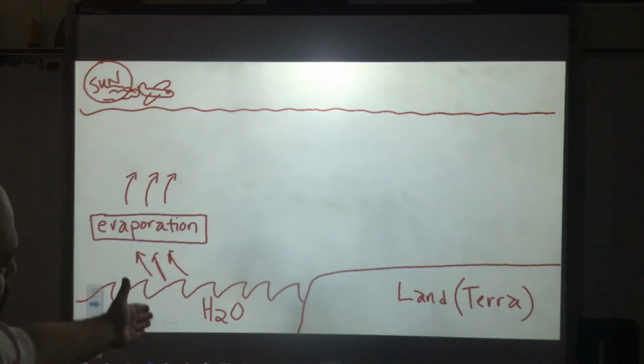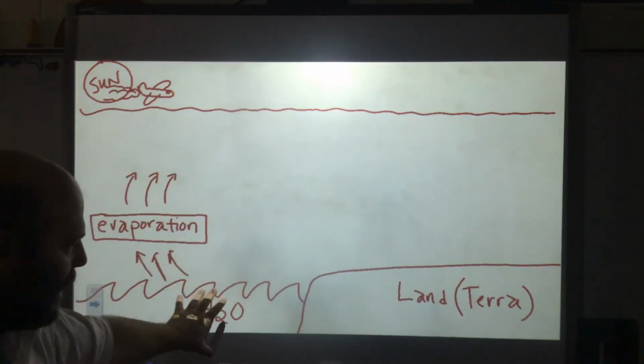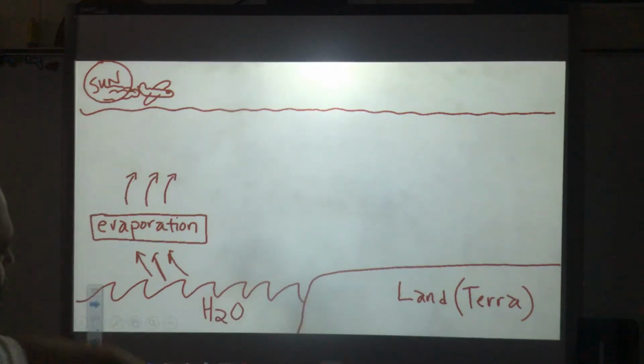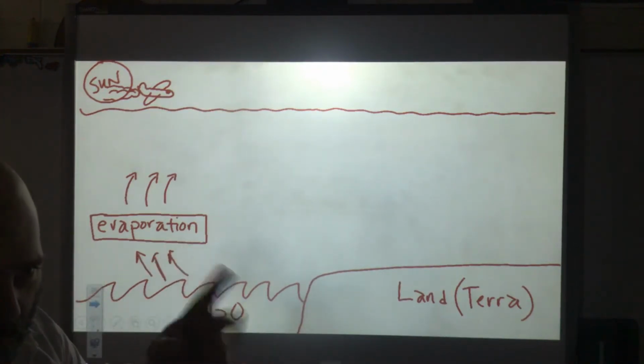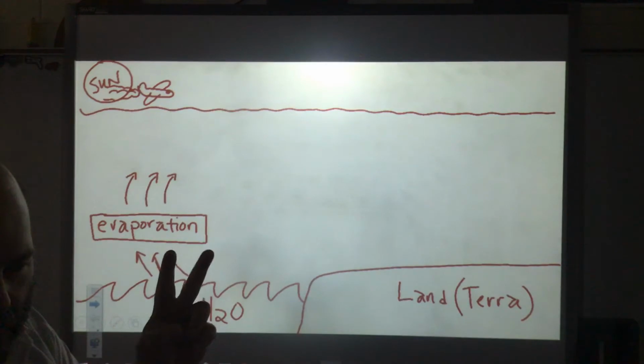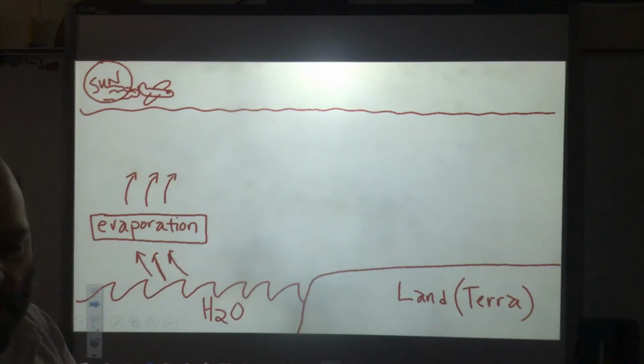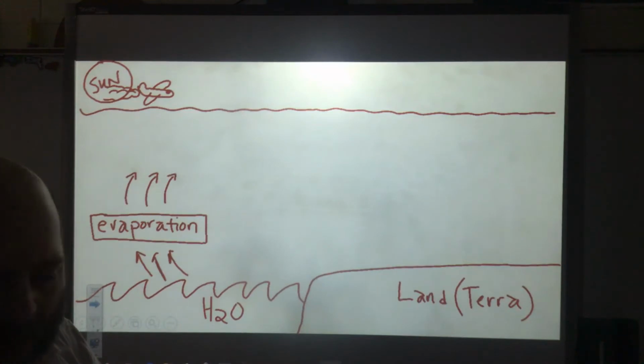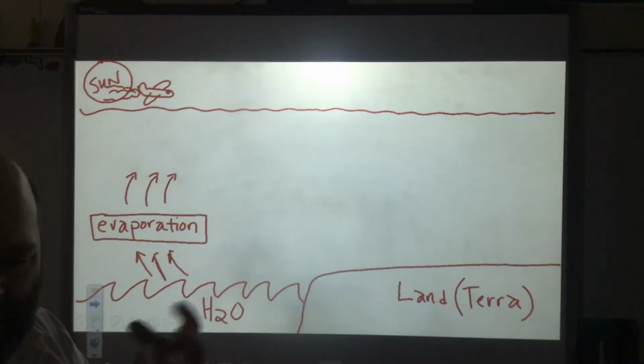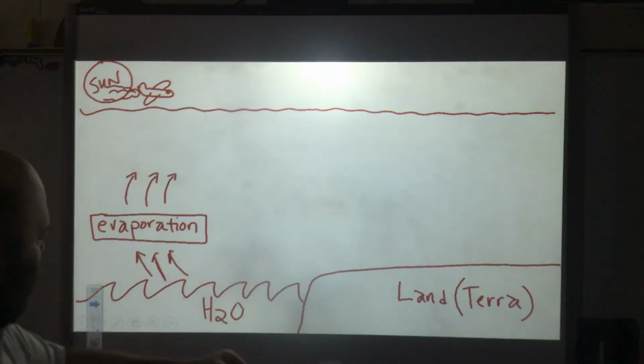When I told you yesterday, you have a body of water, you have land, and you need the sun or the wind to start this evaporation. Now remember, when the sun beats down on water, it's going to turn it into a vapor. You cannot see the vapor. The vapor is super light and it's heated up, so it starts to go up. That's why I have these arrows pointing up.